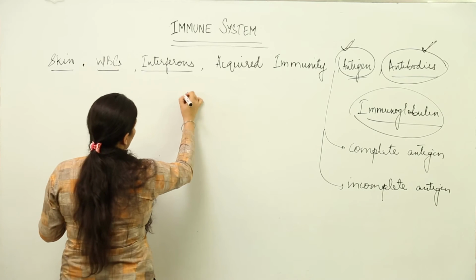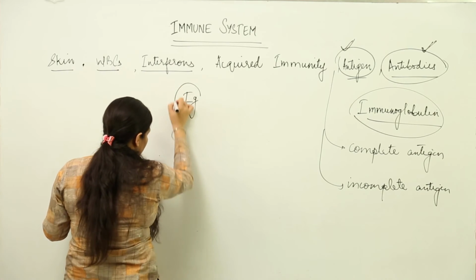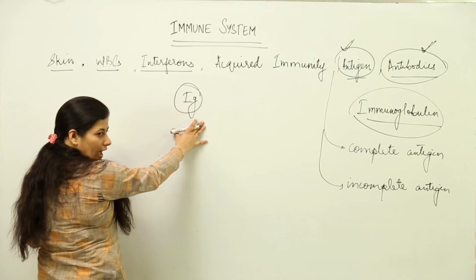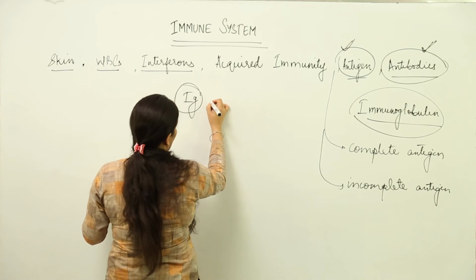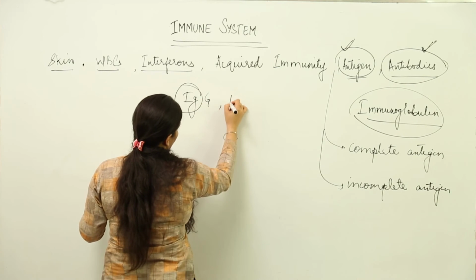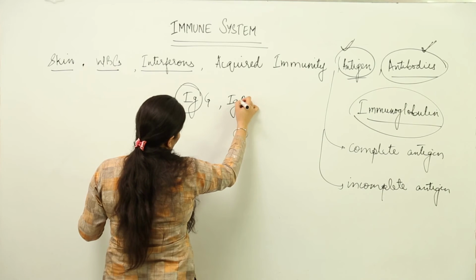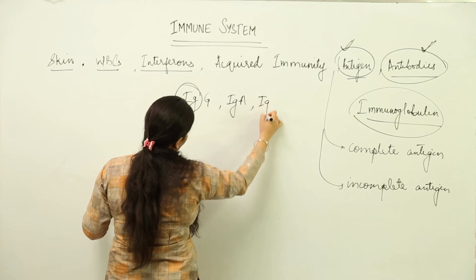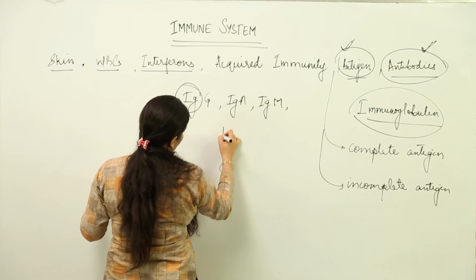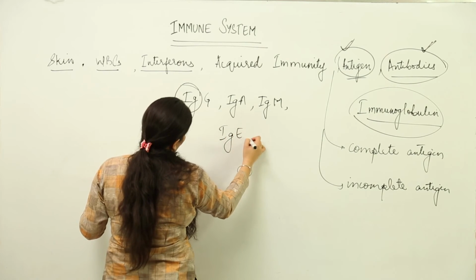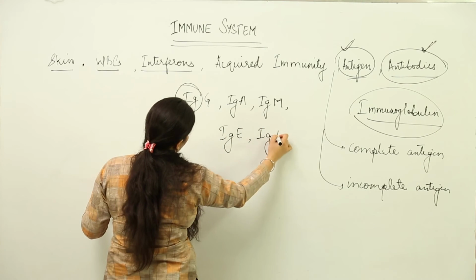We have antibodies designated as Ig, and we have IgG, IgA, IgM, IgE and IgD.